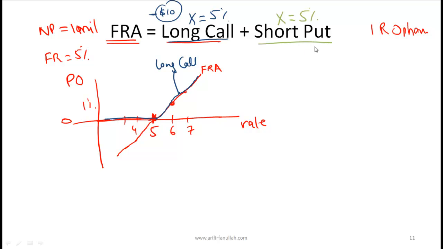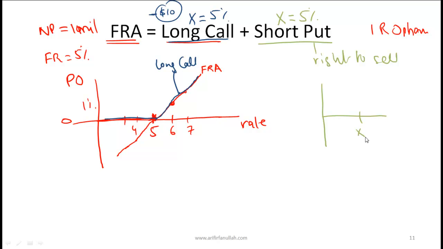And what's a put option? The put option is the right to sell. But we are talking about the short position. So if I were to just do the payoff again on the right hand side for a put, let's say that we'll first do the payoff for a long put and then a short put. So a long put will look like this.